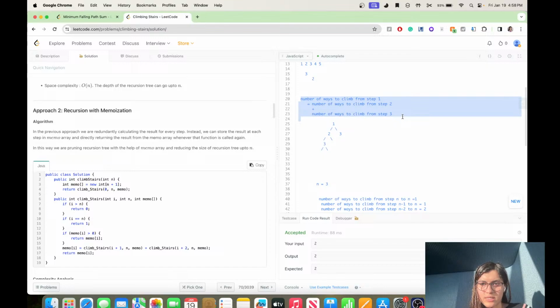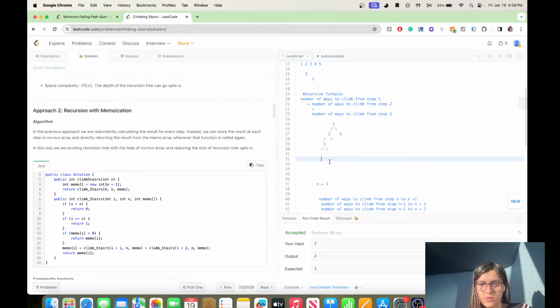Like this formula, it is the same. Number of ways to climb from step one is equal to number of ways from step two plus step three. This is the recursion formula that I would have used in the top down approach. From one, from two plus three, and I would have calculated for two, then three, similarly.